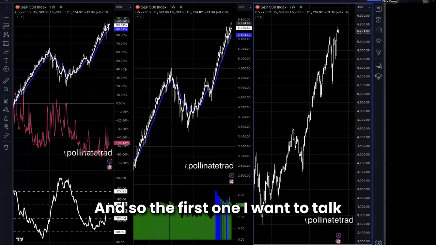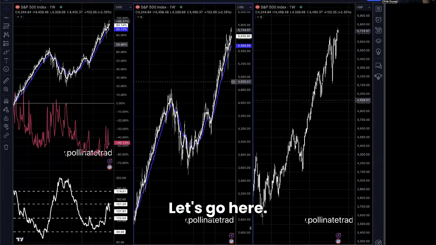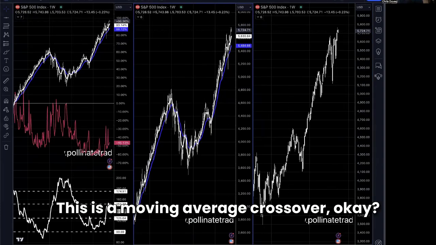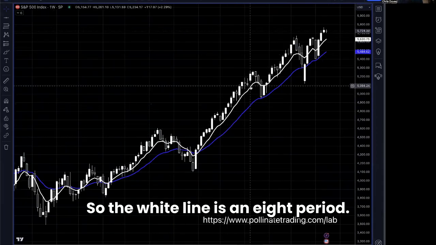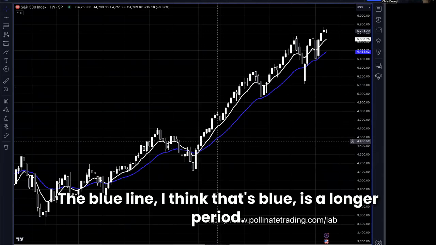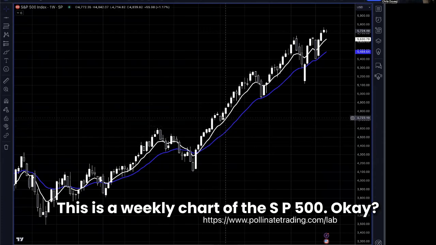And so the first one I want to talk about is very simple. Let's go here. This is a moving average crossover. Okay. So the white line is an 8 period. The blue line, I think that's blue, is a longer period. So an 8 period and a 21 period EMA. This is a weekly chart of the S&P 500. Okay.